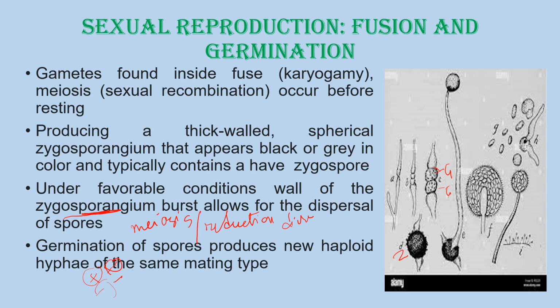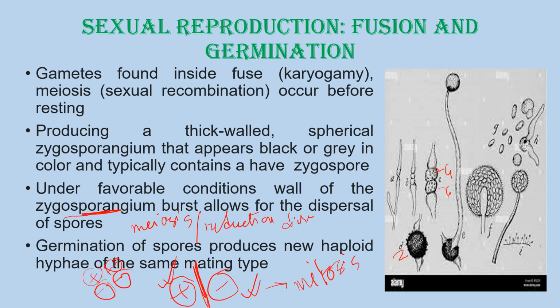Out of these, only one survives, either a positive strain or a negative strain nucleus. So a single strain will be produced after meiosis. The other three haploid nuclei disintegrate, and only one haploid nucleus will remain.